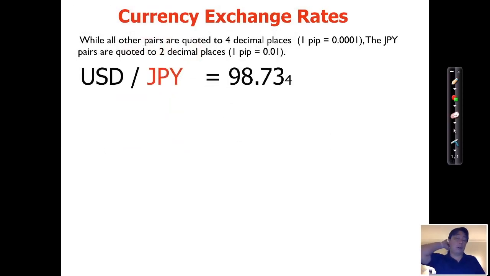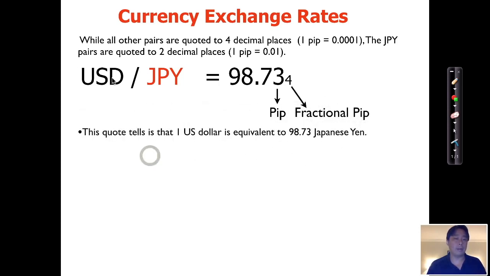The best example is the US dollar yen. In this case, the dollar yen is 98.73. What is this called? The first currency in the quote is the base currency. Let me write it down. This is the base currency.